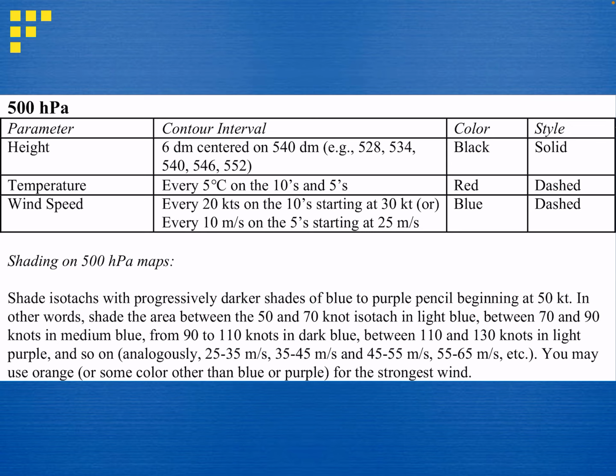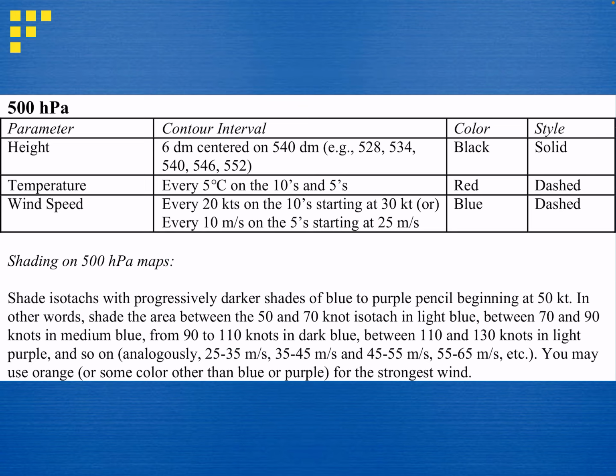It's every 6 decameters or 60 meters, centered around 540 decameters. So the proper contour levels would be 528, 534, 540, 546, and 552. You could go both above and below those, adding or subtracting 6 decameters as we go out from that 540 marker. The color of our heights is black. The line style is solid.